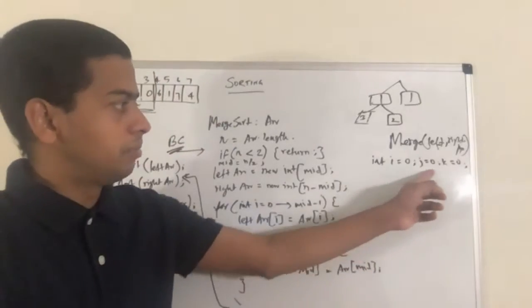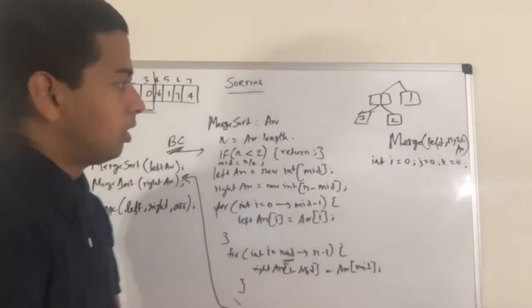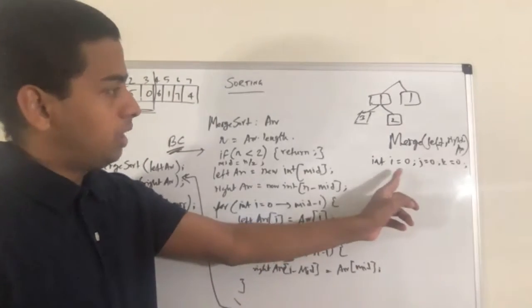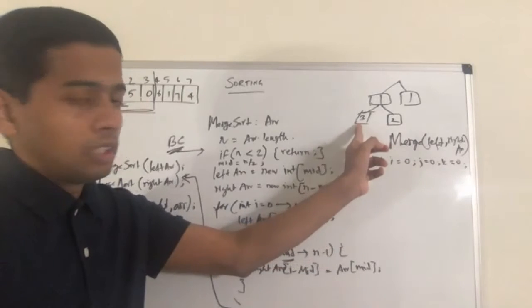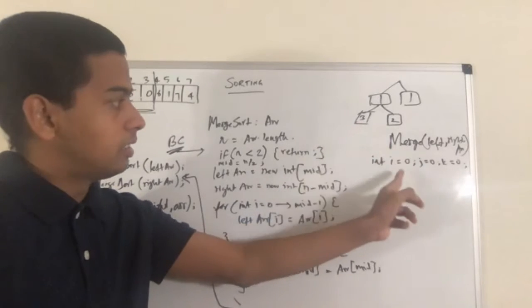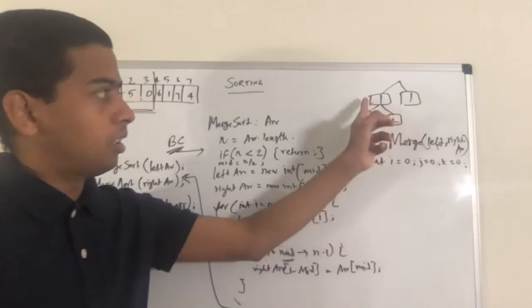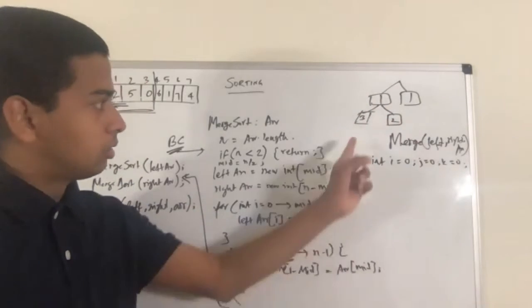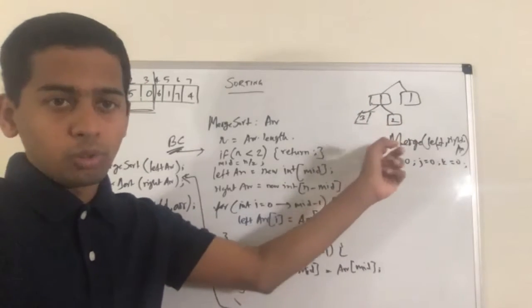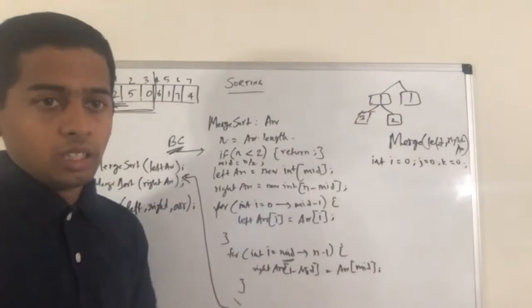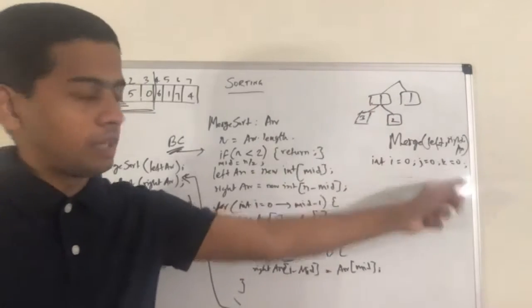Why am I keeping 3 variables? I'll tell you now. Basically i is going to be the pointer for the left array, j is going to be the pointer for the right array, and k is going to be the pointer for the parent array. So we are going to use this 2-pointer approach and insert into the parent array using the k pointer.